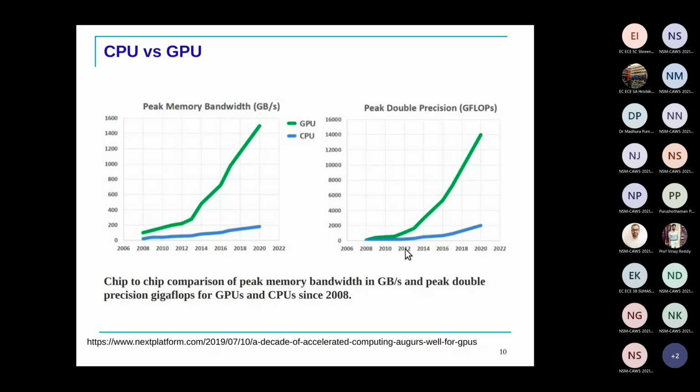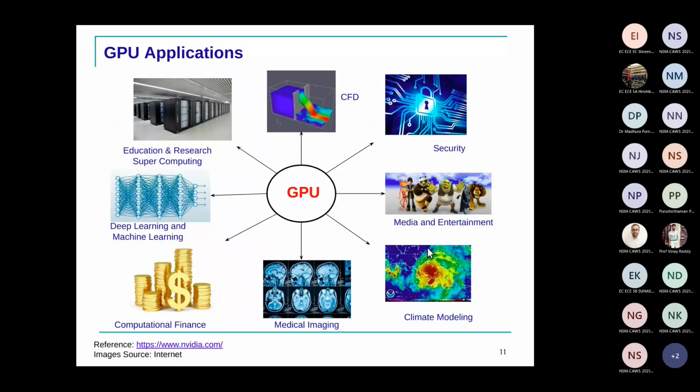And in terms of performance, GPUs are able to deliver high throughput because they are able to pack more and more processing cores into a single GPU, and people are able to exploit these processing cores and get better throughput in terms of execution time or floating point operations per second. So that's why GPUs have become very popular now.